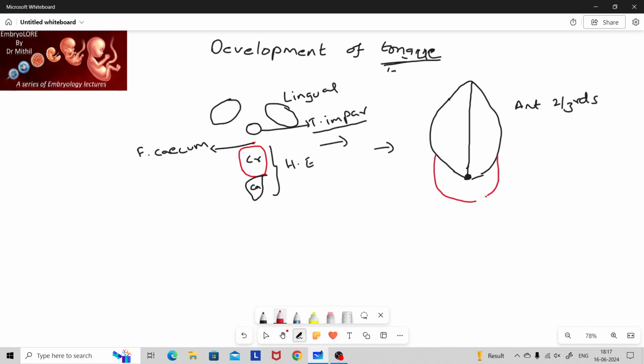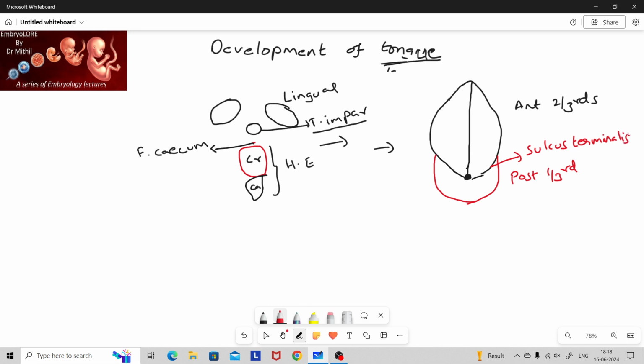So this is the posterior one third of the tongue. The line of fusion between the anterior two thirds and the posterior one third is the V-shaped groove, called the sulcus terminalis.